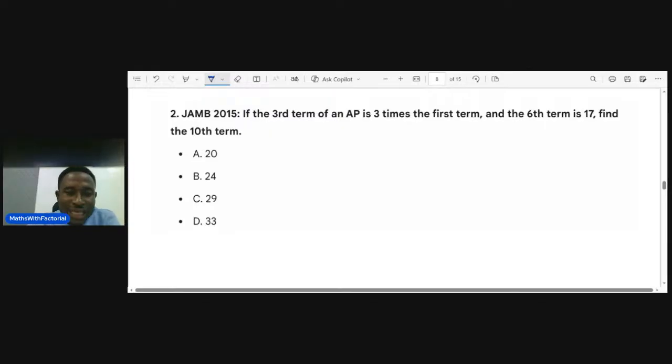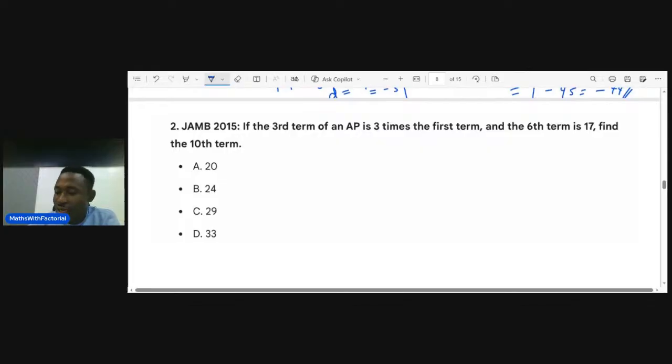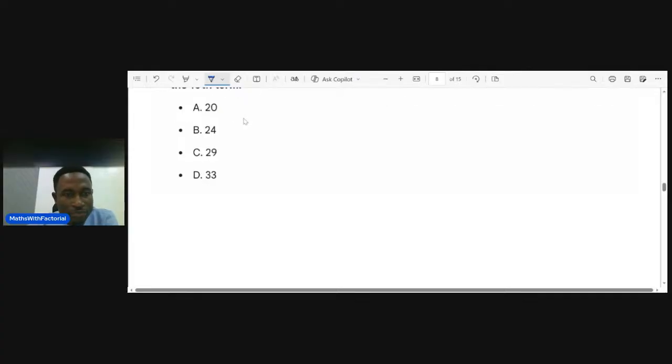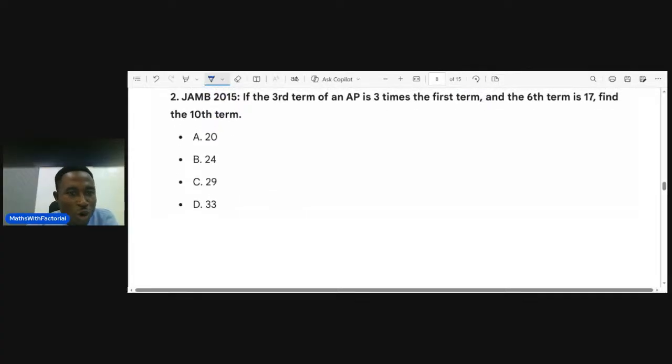So if the third term of an AP, don't forget what I said. The nth term of an AP is given as what? Un equals to A plus n minus 1d. So this one says the third term, which is U3, is what?